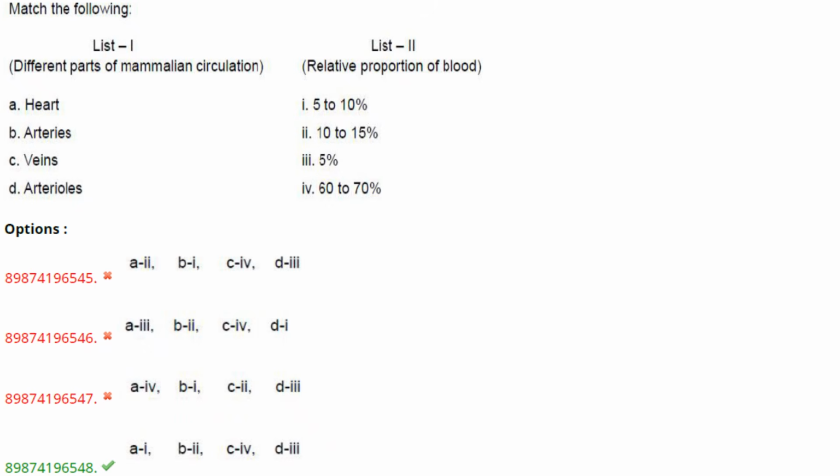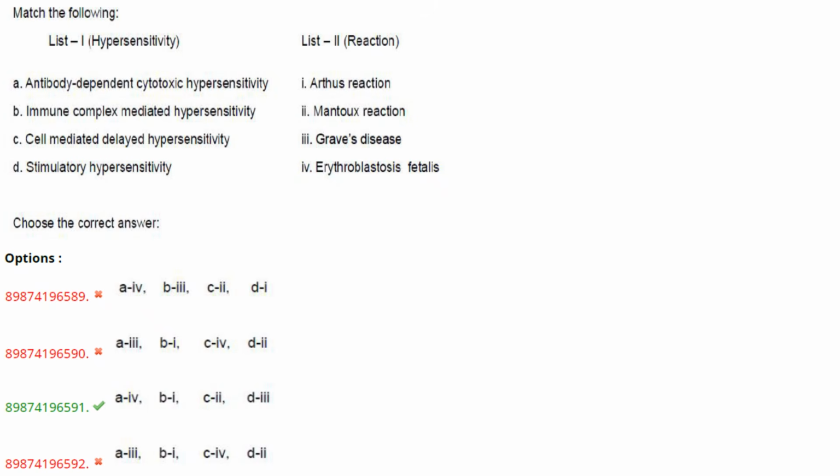Okay, so heart, the relative proportion of the blood is 5 to 10%. And for arteries it is 10 to 15%. For veins it is 60 to 70%. Veins will have the maximum proportion of blood, and arterioles it is 5%. Then next one, the type of hypersensitivity reaction and what type of reaction it is.